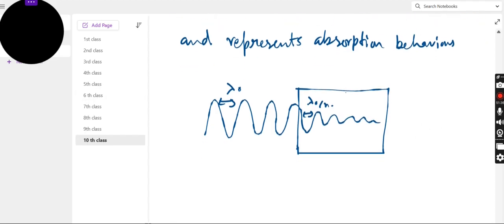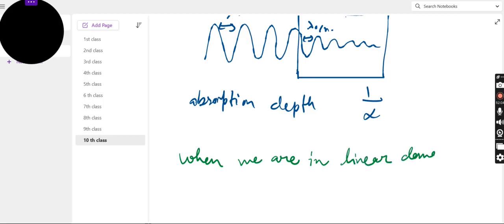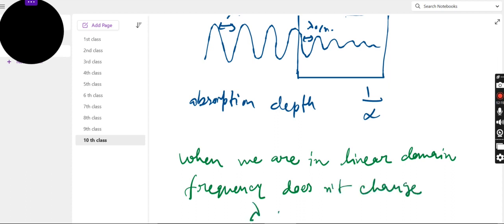So the absorption depth is one by alpha. So when we are in the linear domain, frequency doesn't change, lambda changes.